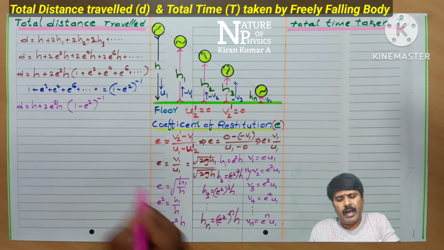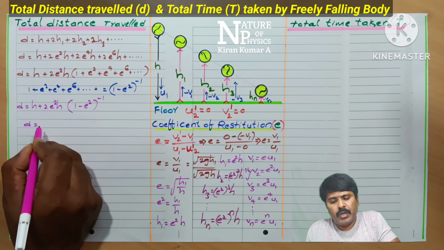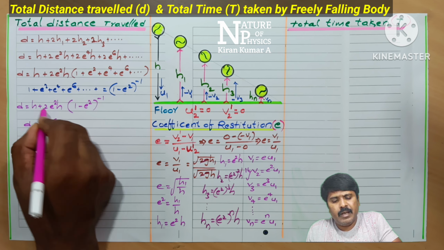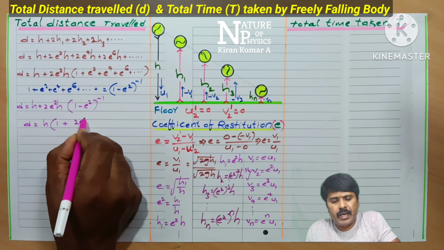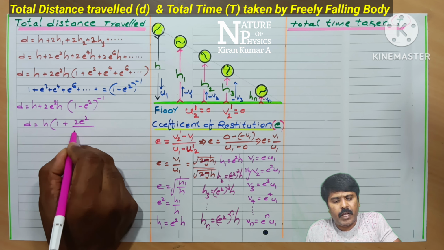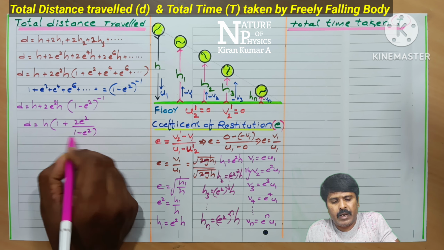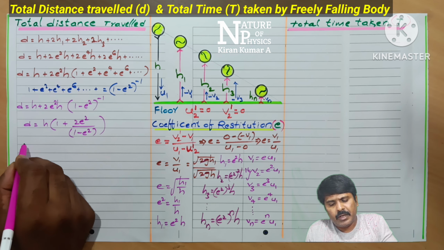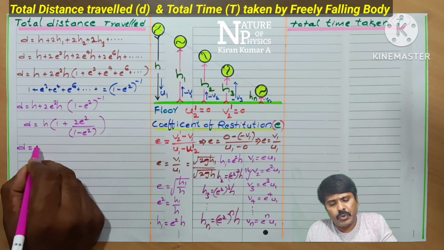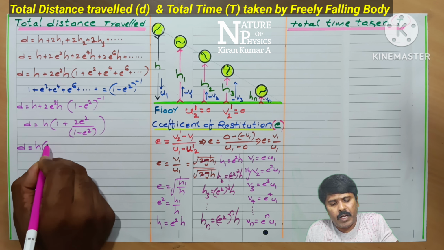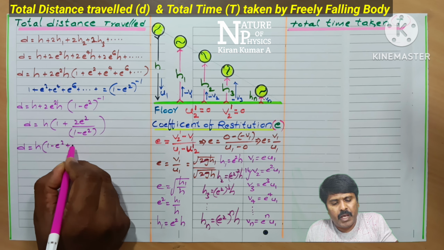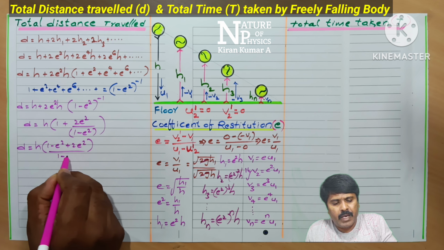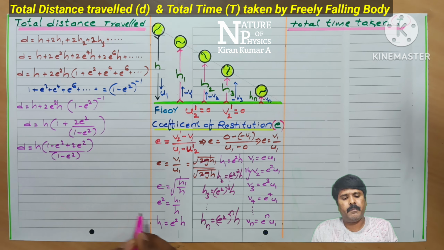Okay, student, and d is equal to h common, student, 1 plus 2 e² divided by 1 minus e², I got, student. Okay, next LCM, that is d, which is equal to h into (1 minus e² plus 2 e²) divided by 1 minus e², student.